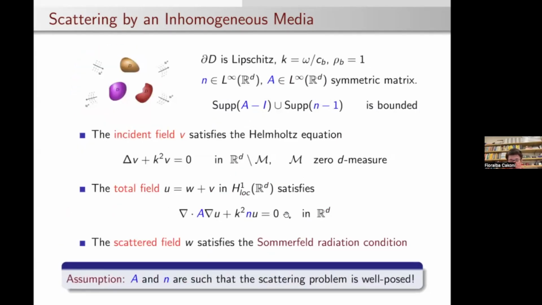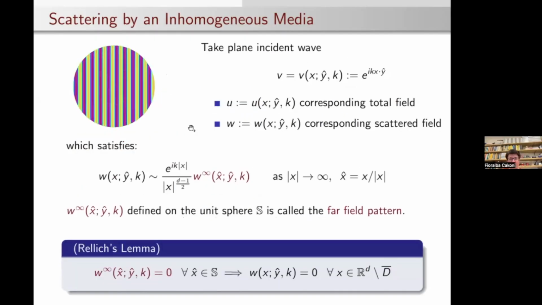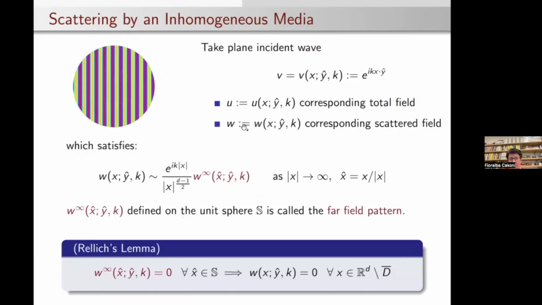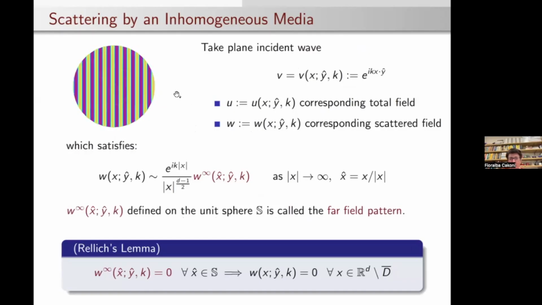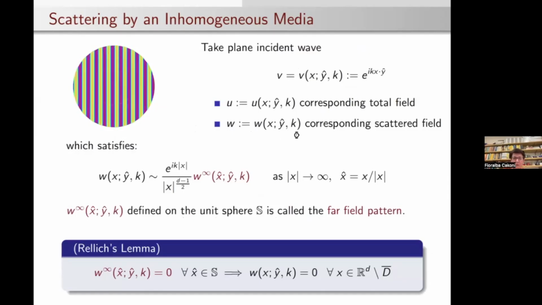So you see that the total field inside the inhomogeneity satisfies this equation, and outside the inhomogeneity it is going to satisfy the Helmholtz equation, because it's included in here, since A and N are identity and one respectively outside the perturbation. All right, so the scattered field, of course, is going to depend on the direction of propagation of the plane wave, as well as the wave number of the plane wave, right?